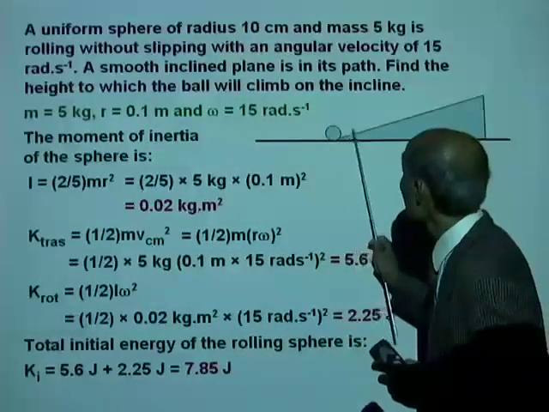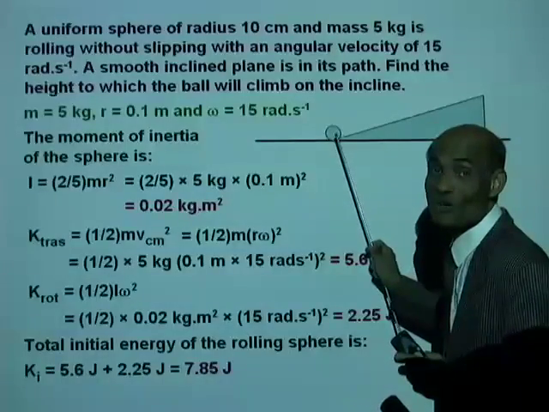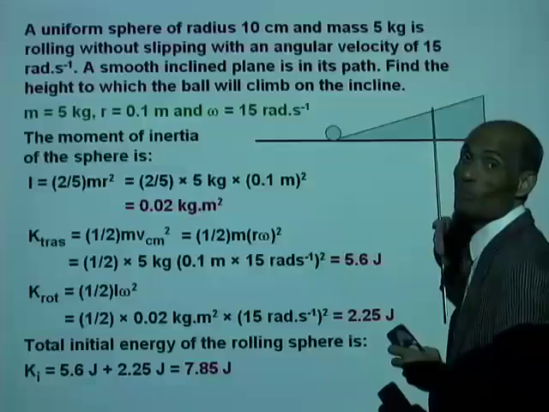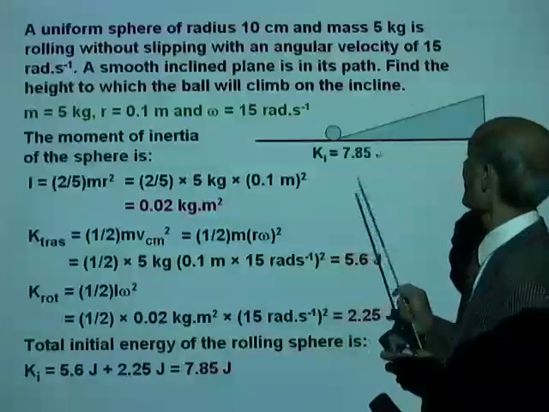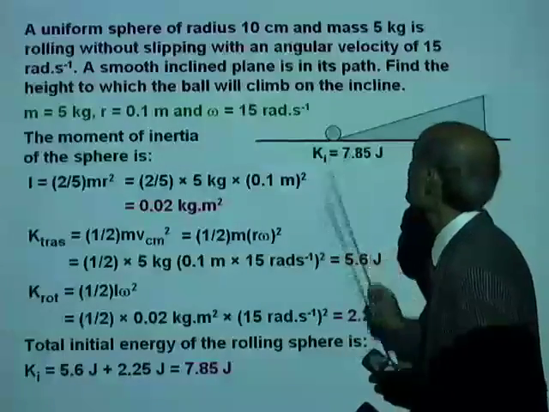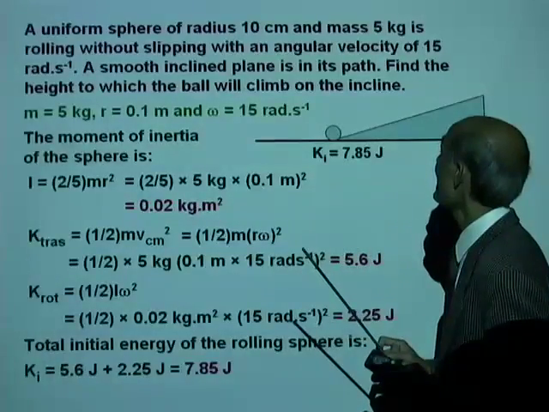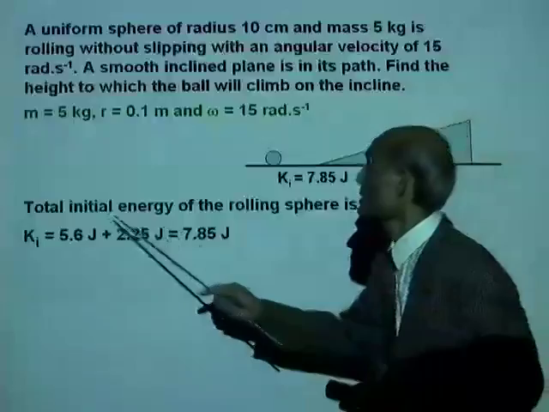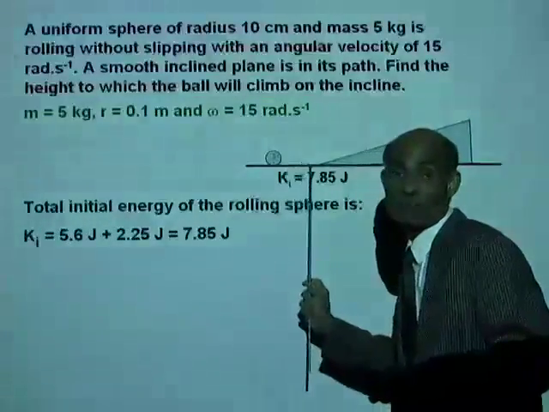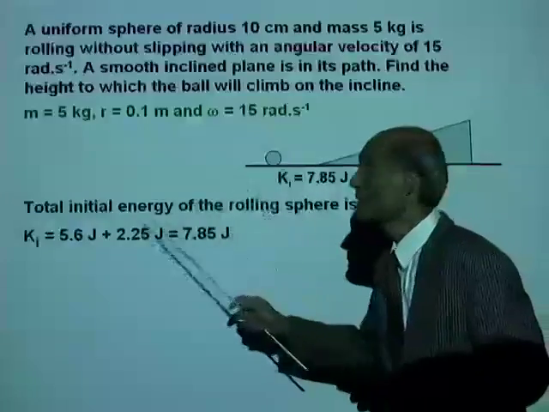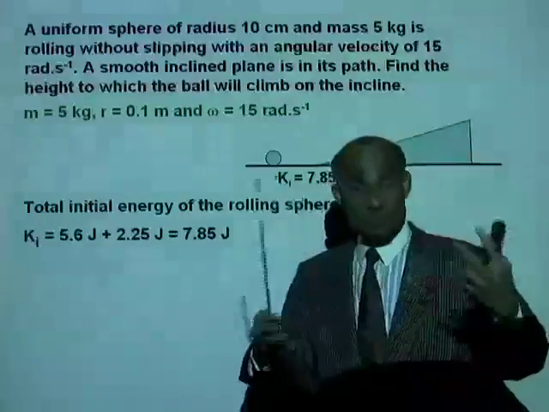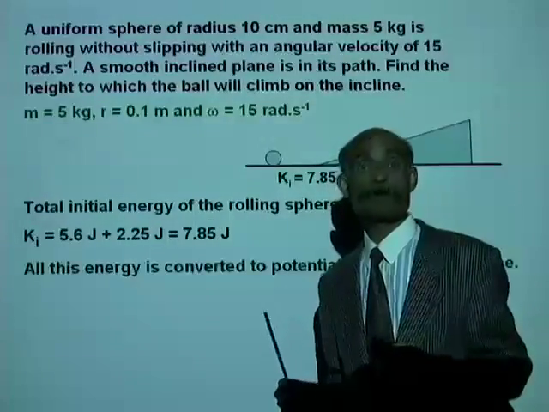It is now going to roll up so that all the kinetic energy is going to become potential energy. Alright, so Ki, initial kinetic energy, is 7.85 joules. The total energy of the rolling sphere when it is at the bottom is 7.85 joules. Its potential energy there will be 0.